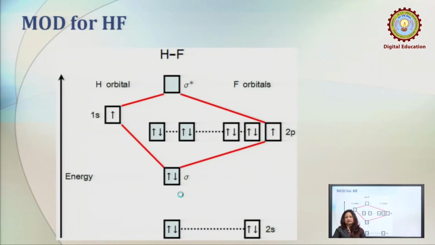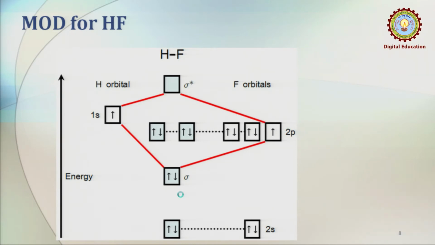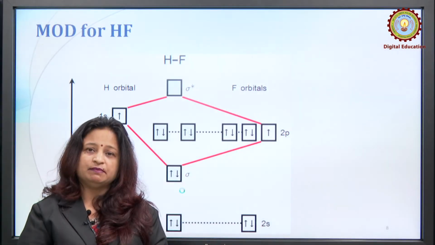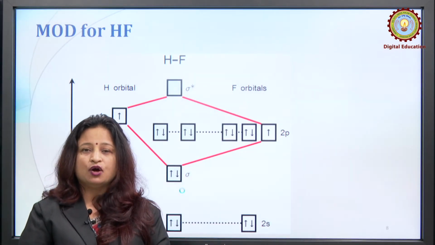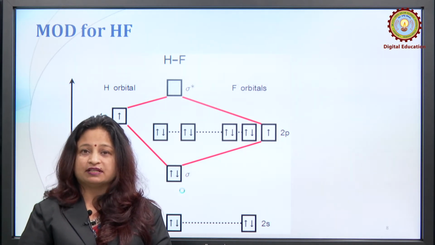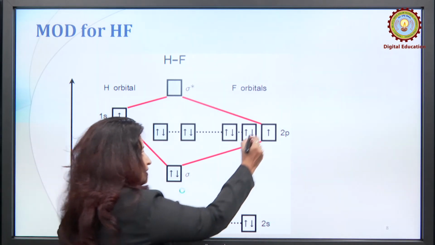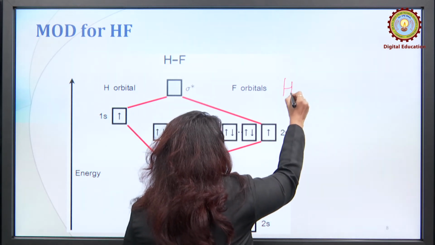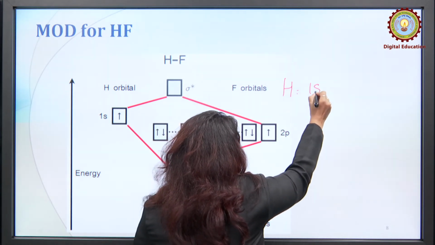Now this is another example that we should consider, hydrogen fluoride molecule. Here also we can see that there is a big difference of electronegativity between both the overlapping atoms. One is hydrogen atom and the other is fluorine atom, highly electronegative element, right. When we write down the electronic configuration of hydrogen, it is 1s1.